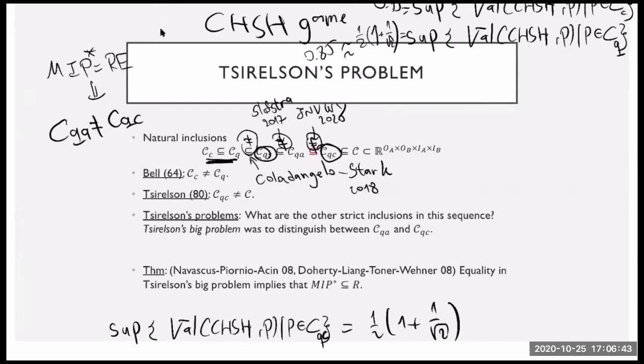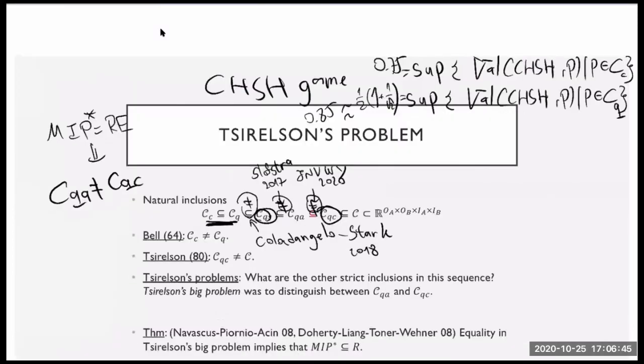Let's recall something. This number that I wrote here in this bracket, the supremum over all these things, we called it last time val_q of G. It's the supremum over the value of the game using all quantum correlations.